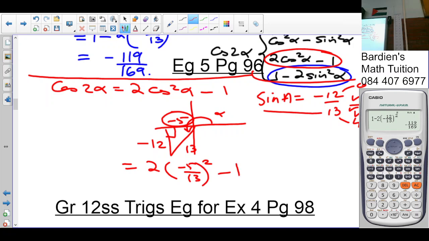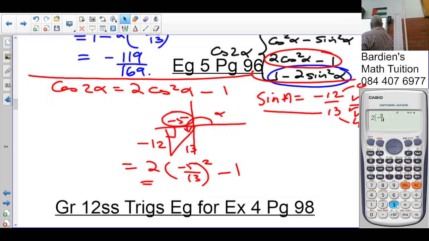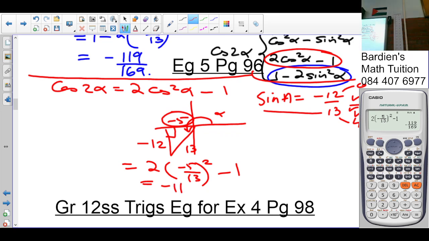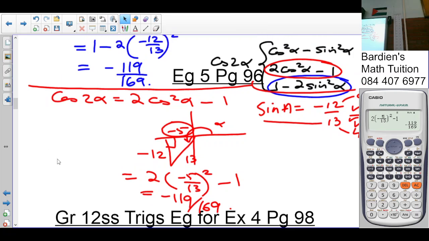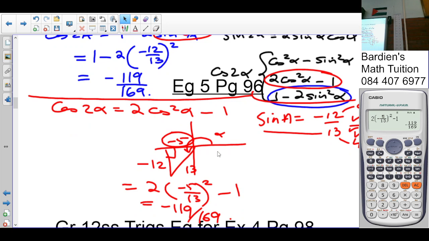So 2 into negative 5 over 13 squared minus 1 gives you also negative 119 over 169. Or if you wanted to use the first one, you could use that as well. You guys understand?